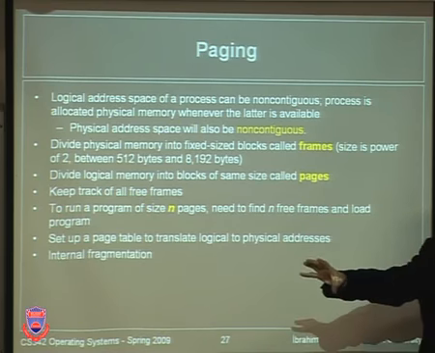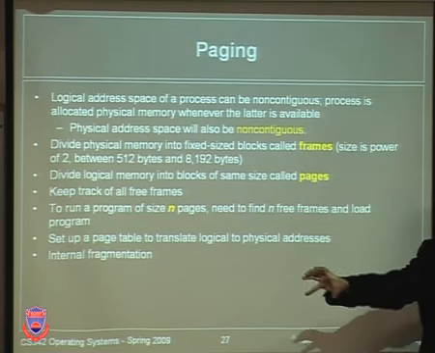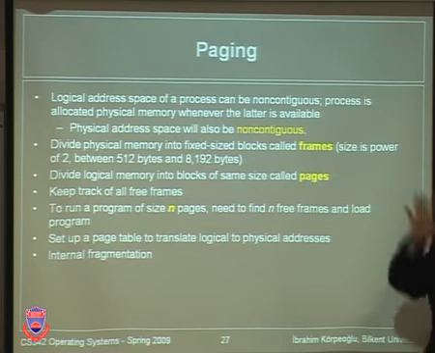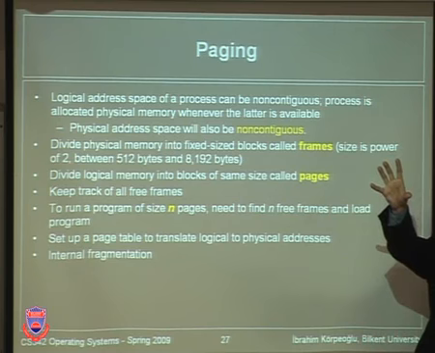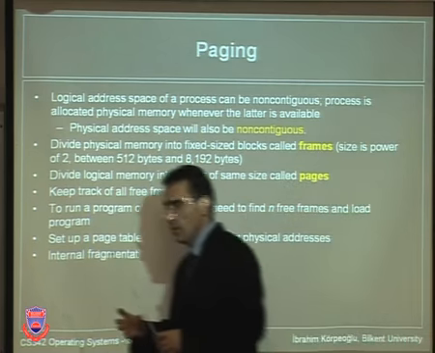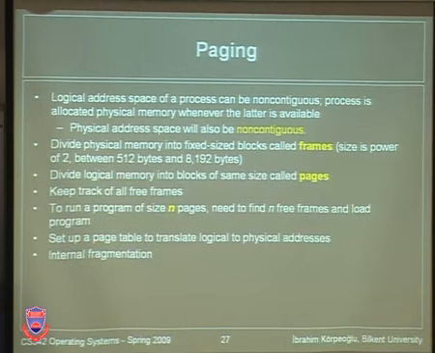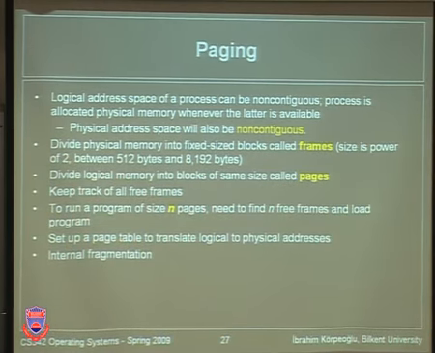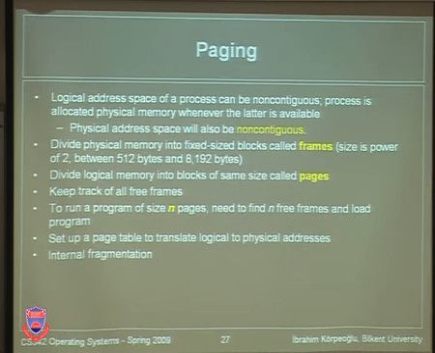That portion of the memory may be available, you allocate that portion. And that portion also may become available that is not contiguous. You can allocate that also to satisfy the memory need of the process. So the allocated space to the process in physical memory does not have to be contiguous. Paging allows you to do that.